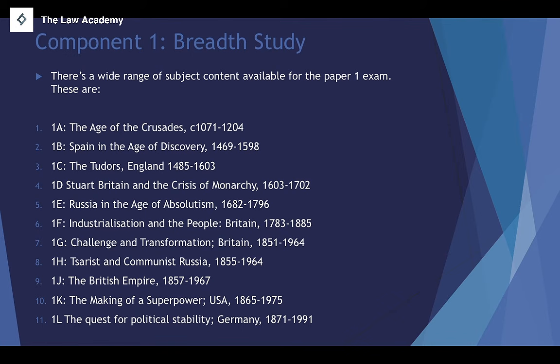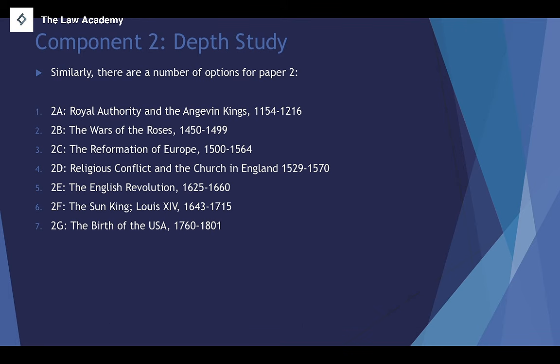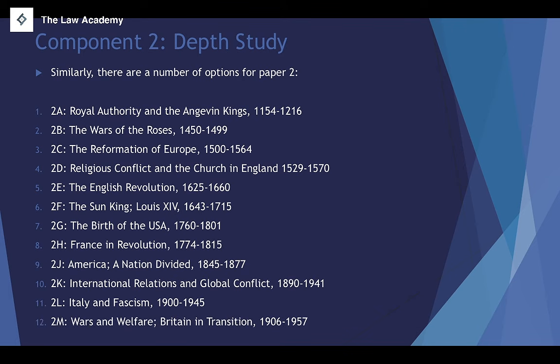So, for example, if you were to take the last option, the Germany Quest for Political Stability, you would be studying from 1871 all the way up to 1991. Similarly, if you were to take the British Empire module, you'd be studying from 1857 to 1967. Compare this to the depth study, where you have more components, but you'll be studying a smaller period of history.